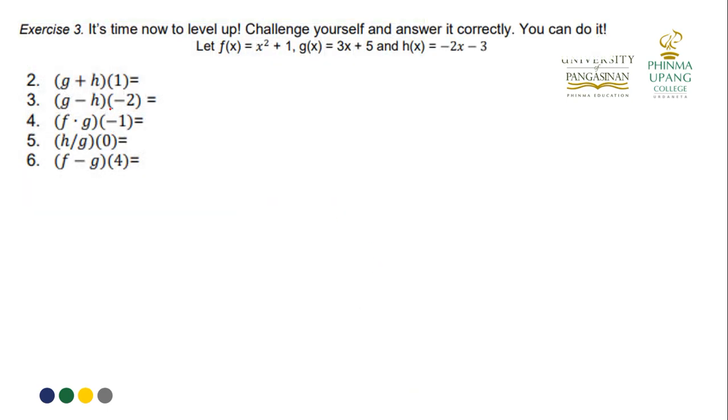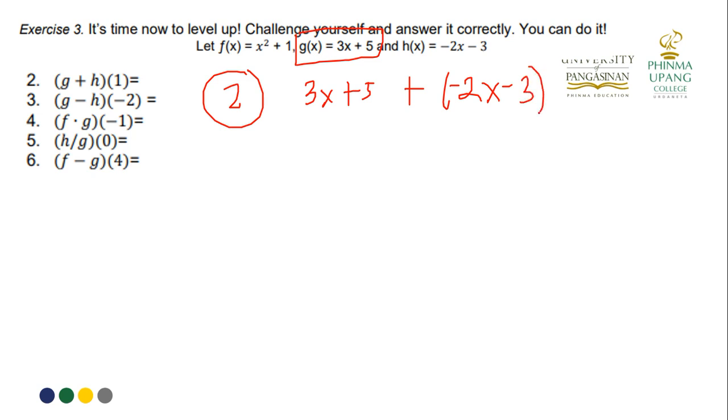And number 2, we're going to find the value of g plus h wherein x is equal to 1. So, the value of g of x here is 3x plus 5. Let's copy 3x plus 5 plus the value of h here, negative 2x minus 3. So, we will just do the same thing.